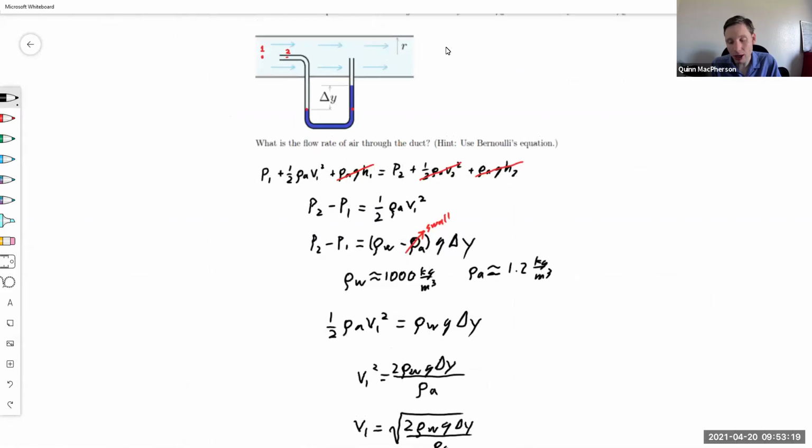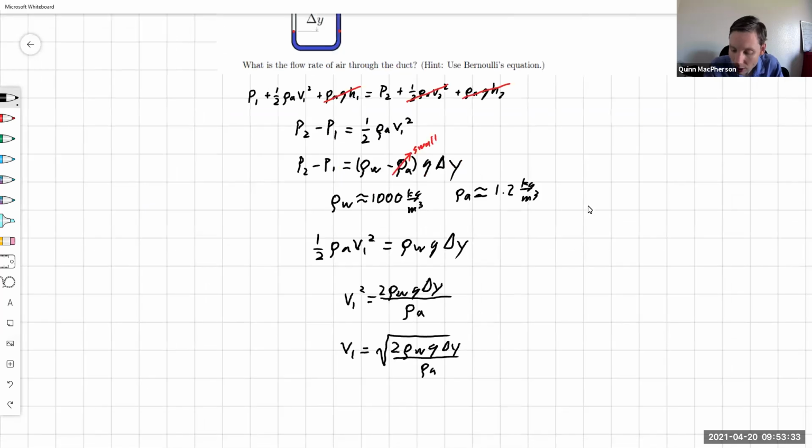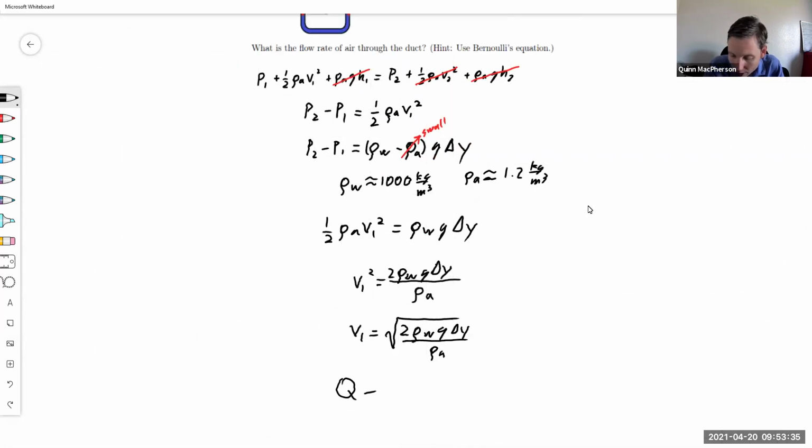Assuming that the velocity that we're measuring is the average velocity, you know, air is moving more or less like plug flow through the duct, that's a reasonable approximation. Then we can say that the flow rate, Q of air, is roughly equal to V1 times the area of the pipe. Where area of the pipe, if we are told it's a round pipe and has a radius r, is pi r squared.